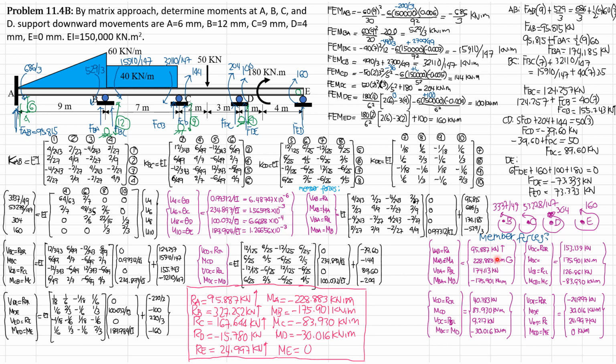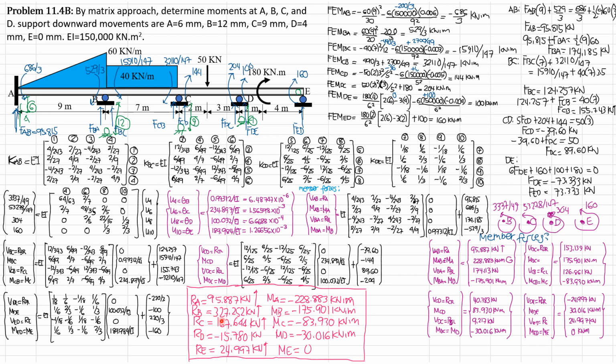Then RB is shear BA plus shear BC. Shear BA 174.113 plus shear BC 153.139. We obtained 327.254 kilonewtons, which is the same in the three moment equation. MB is MBA, negative 175.901.